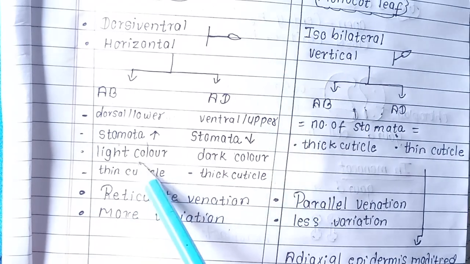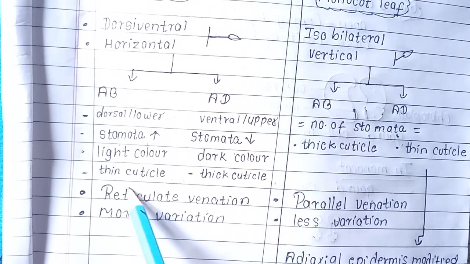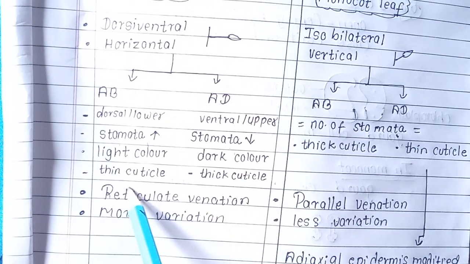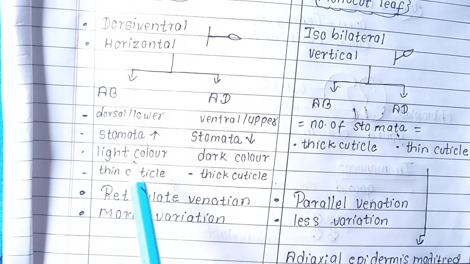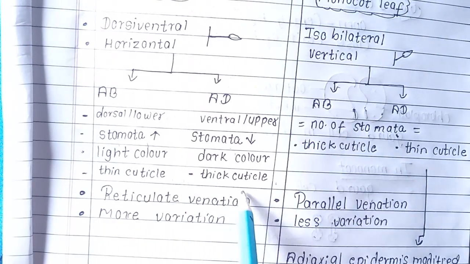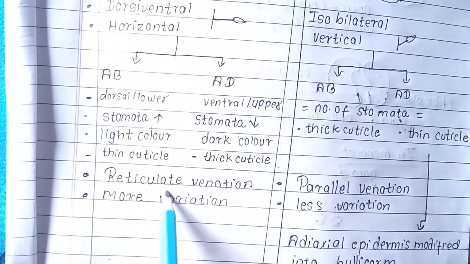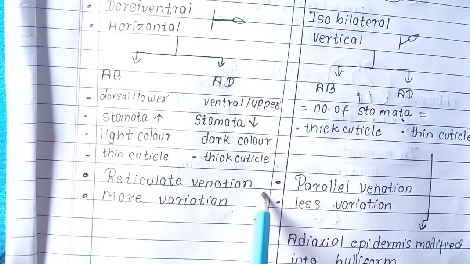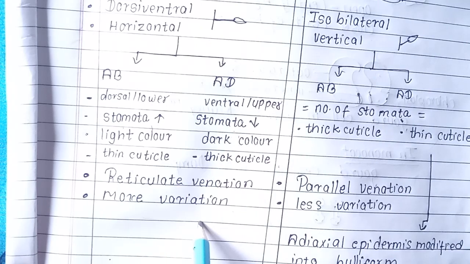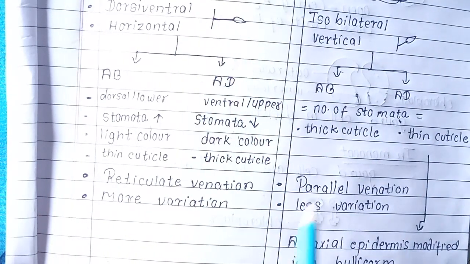Adaxial is dark in color. There is thin cuticle where there is no excess amount of water, and thick cuticle elsewhere. There is reticulate venation in dicot leaf.